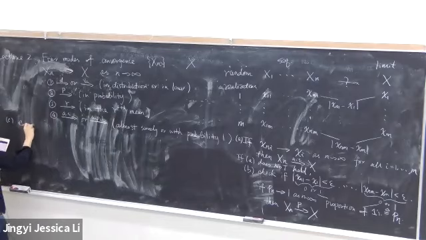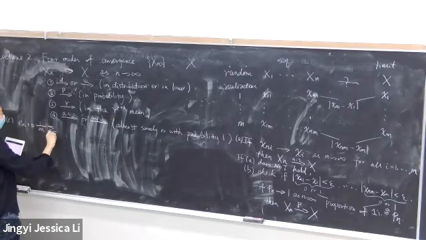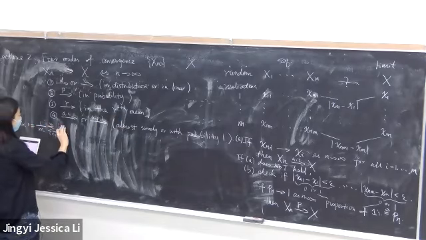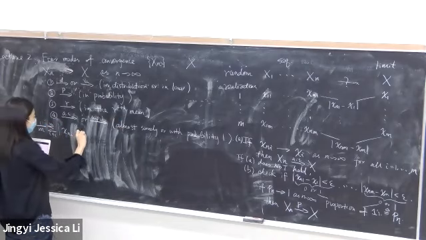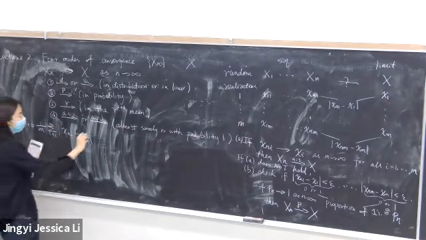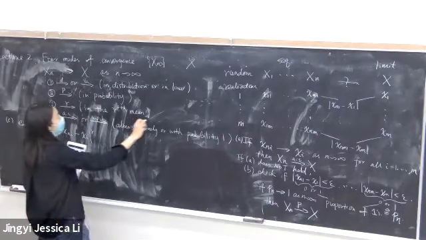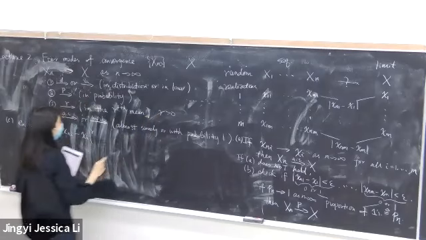I define this as the average over the n realizations, from 1 to n, of the absolute value of Xni minus Xi, raised to a power r. I should say here, r must be positive. I forgot to say that.